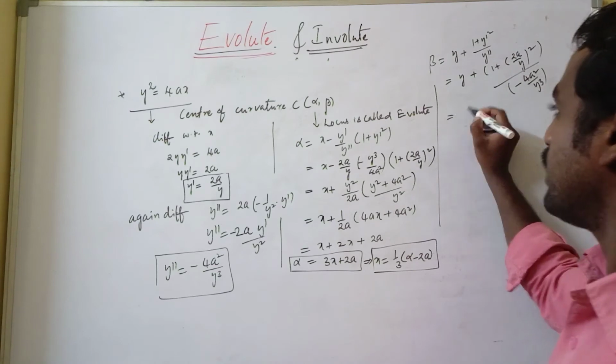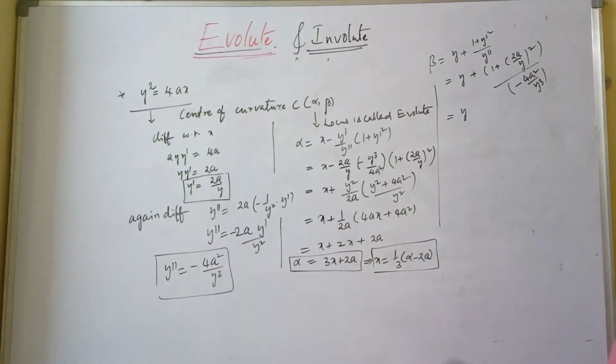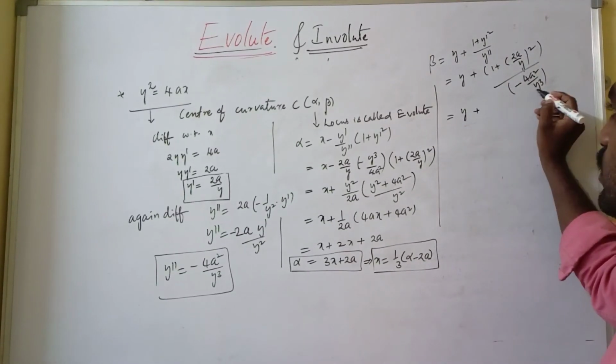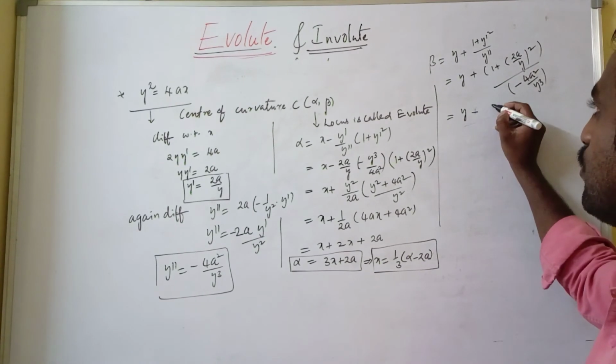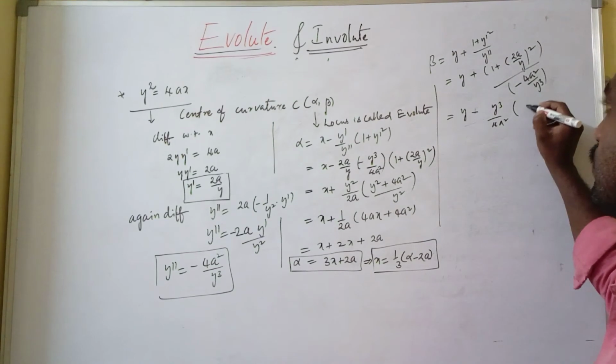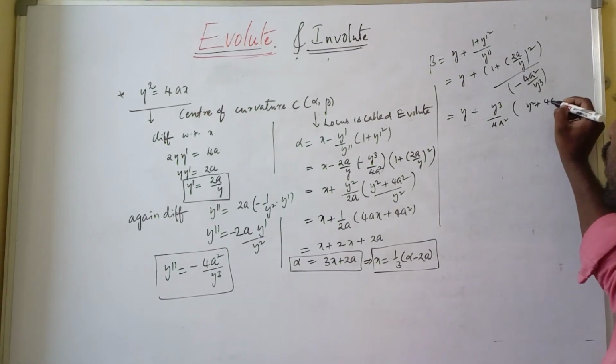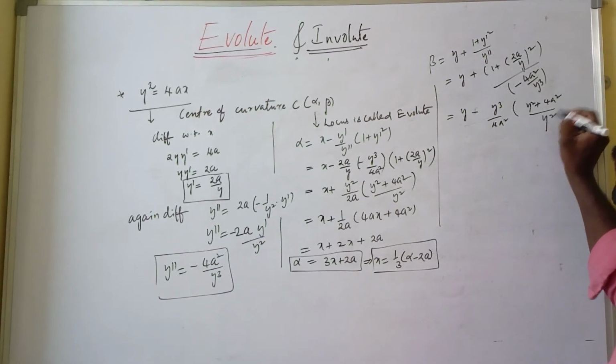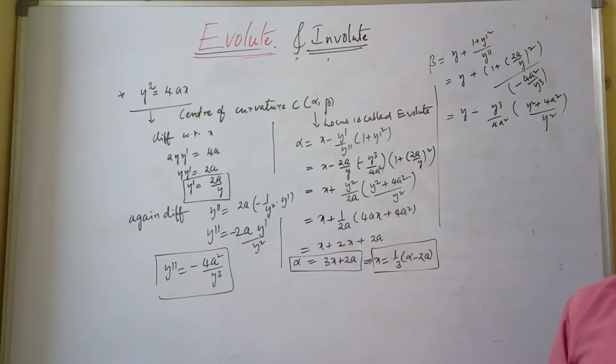After simplification you get y, next plus, this term can be written as minus y power 3 by 4a square into (x y square plus 4a square) by y power 2, after LCM.